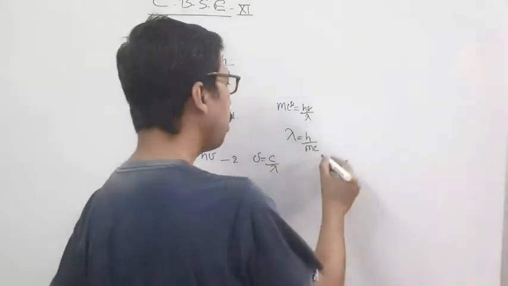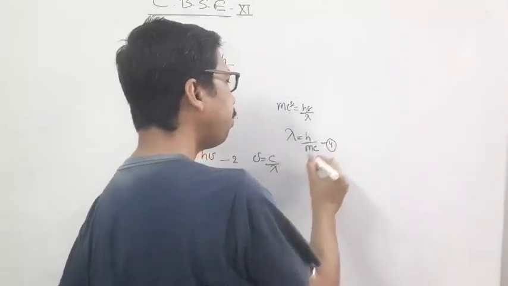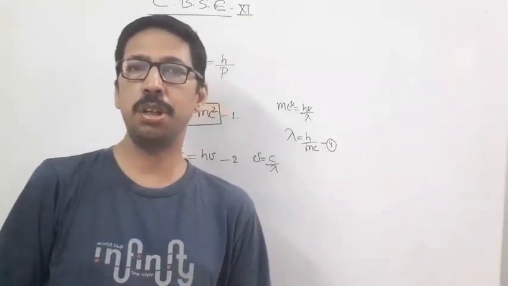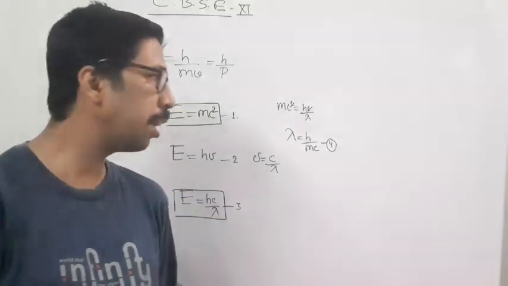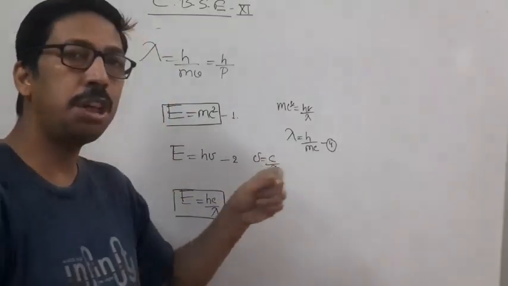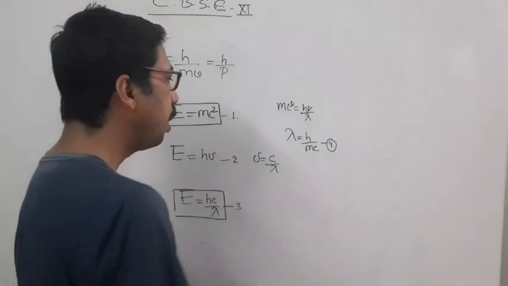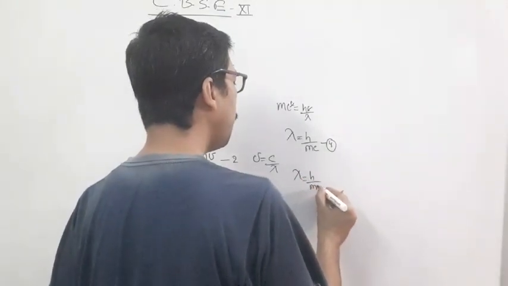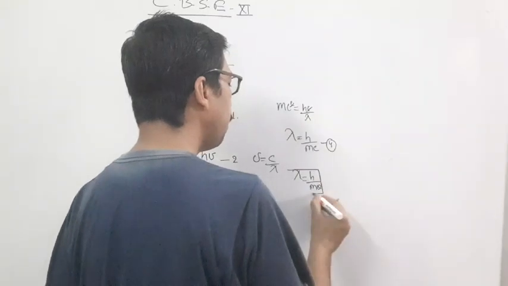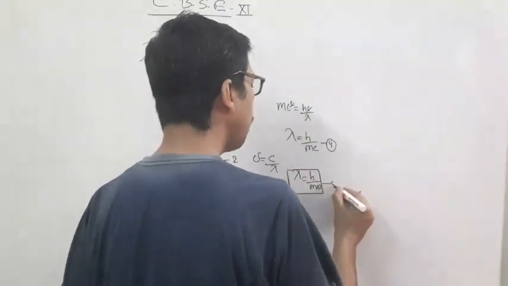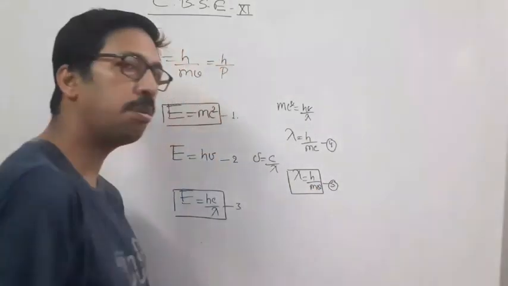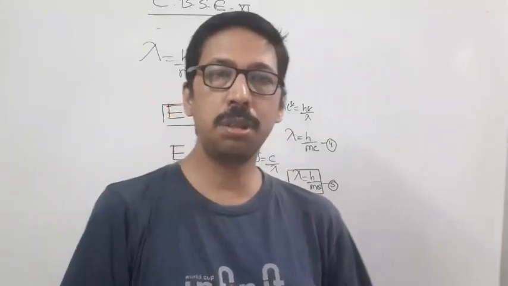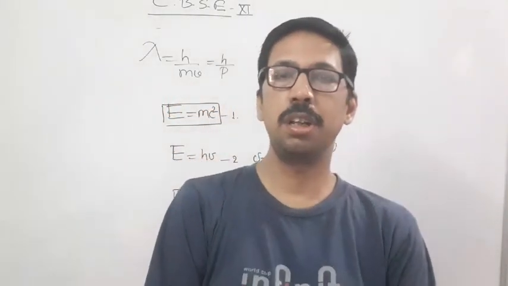This is equation number 4. c represents the velocity of light, but here we are taking a particle like an electron. So c will be replaced by v and we'll have lambda is equal to h by mv. This is the de Broglie equation that we wanted to prove.